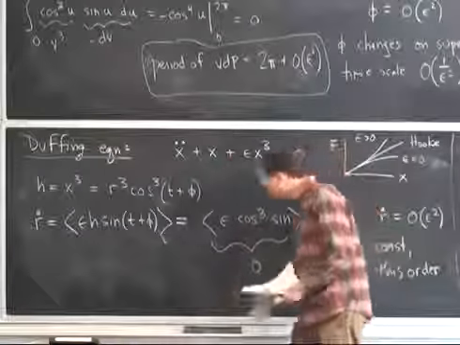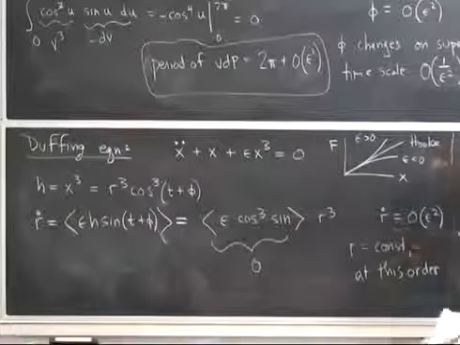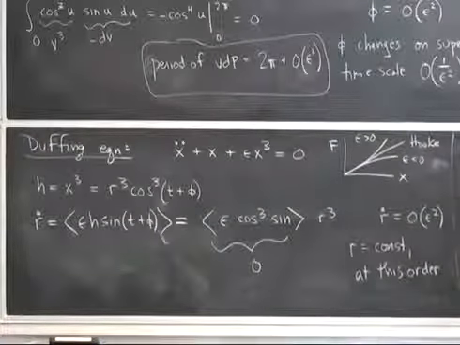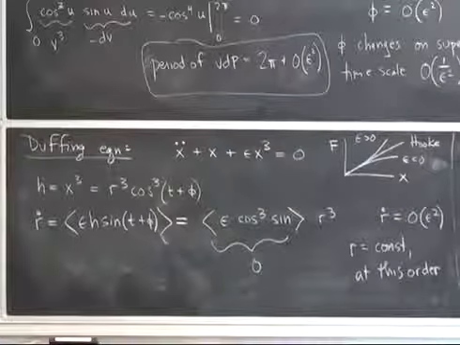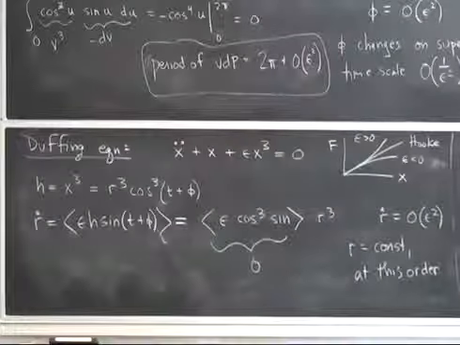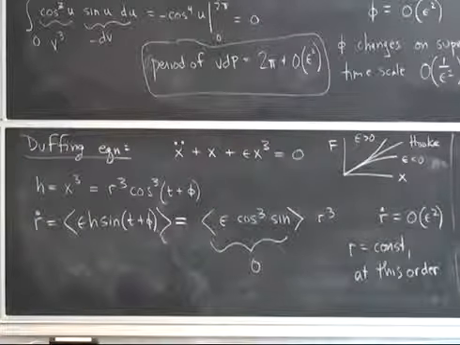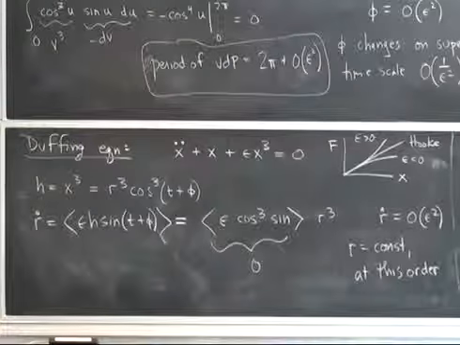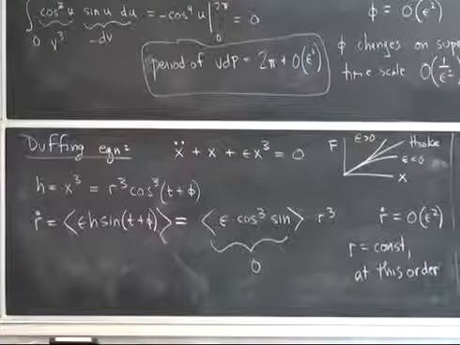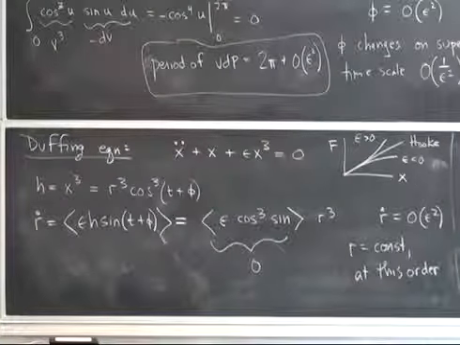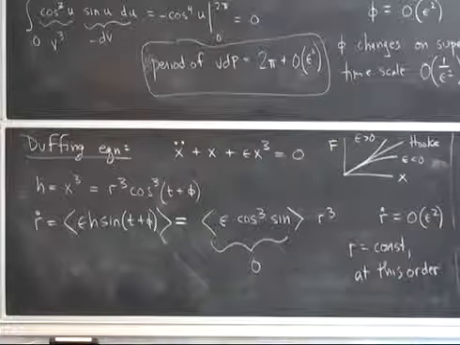But the interesting effect is what happens to the phase, or if you want to say it the other way, what happens to the period. If you think mechanically, if the spring gets stiffer at large amplitude, then you know that a stiffer spring will produce a faster oscillation. So you would expect that at higher amplitude, the period will be less. And that's right. That's what we can calculate next.